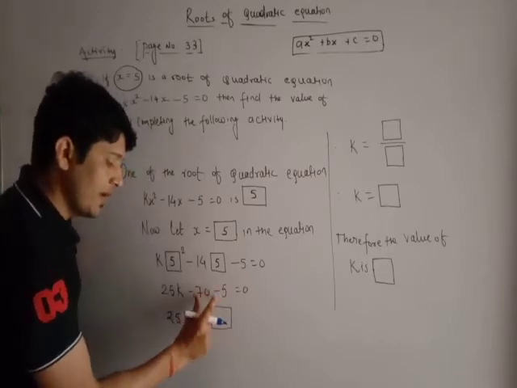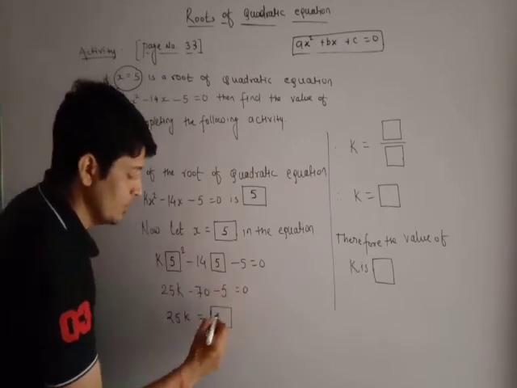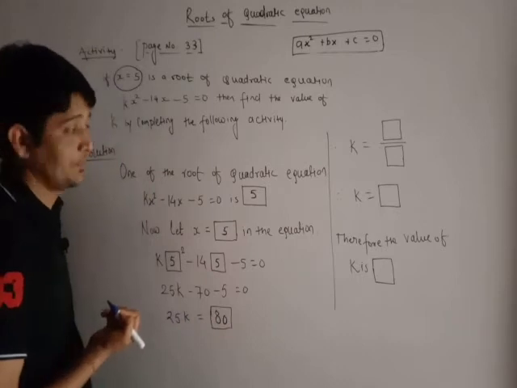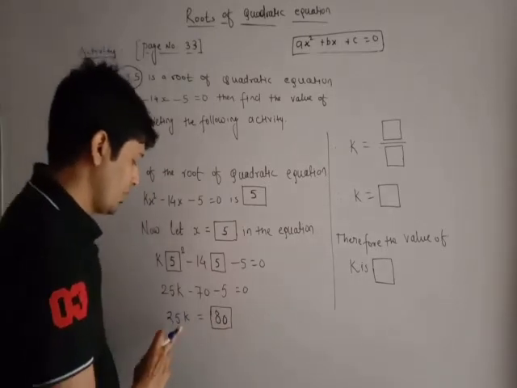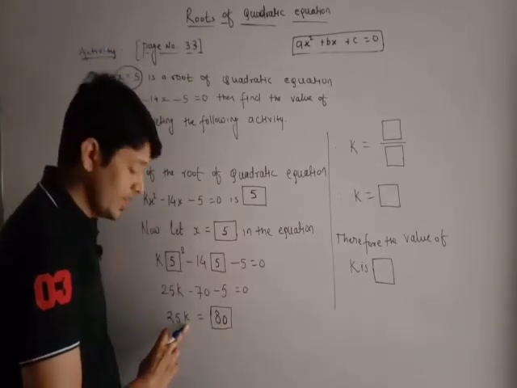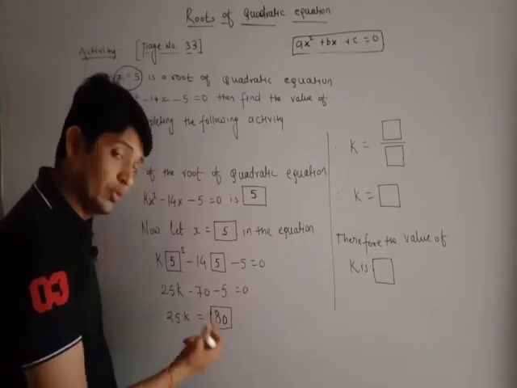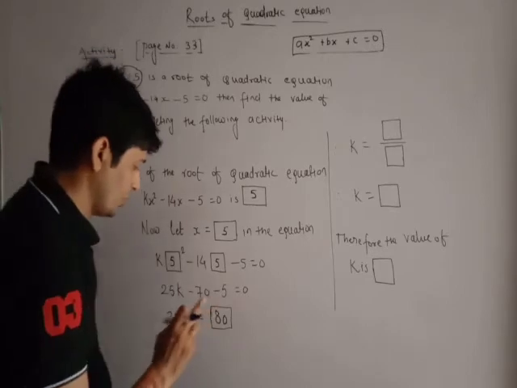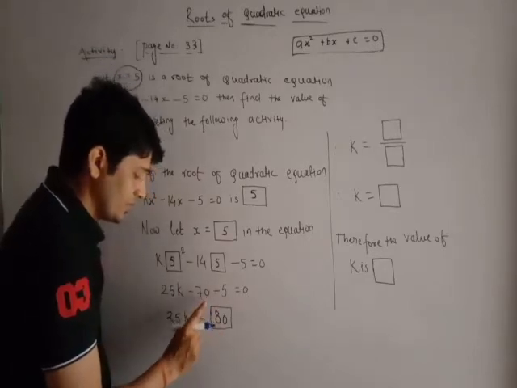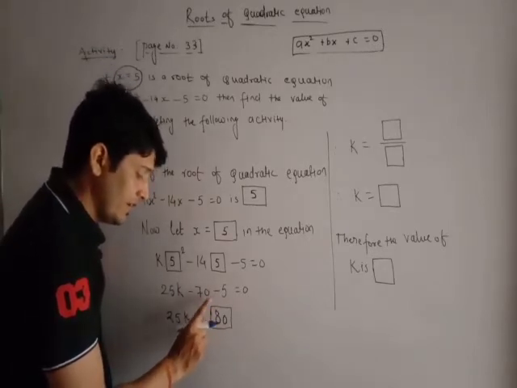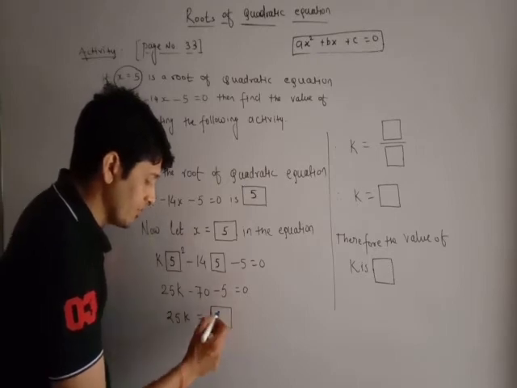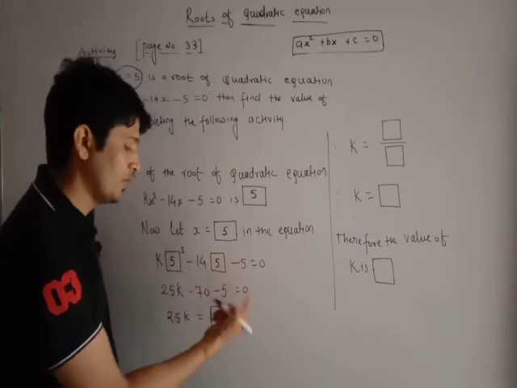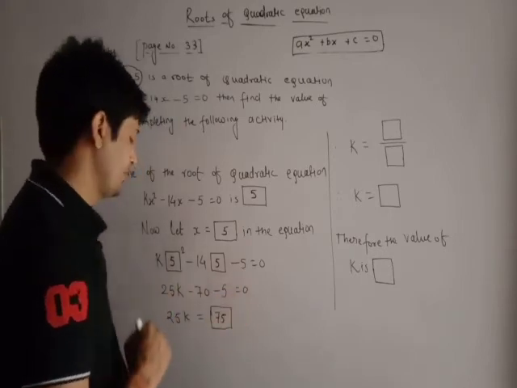If we transfer minus 75 to the other side, it will become positive 75.